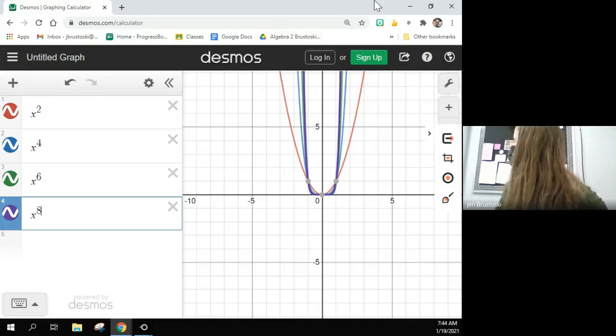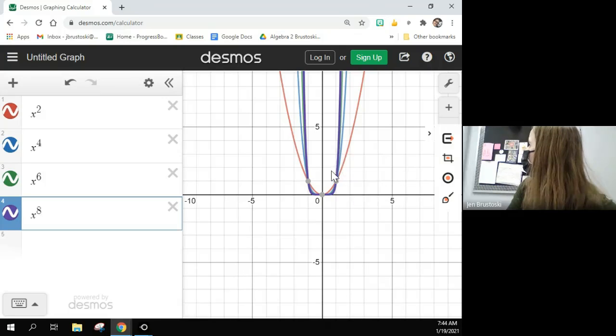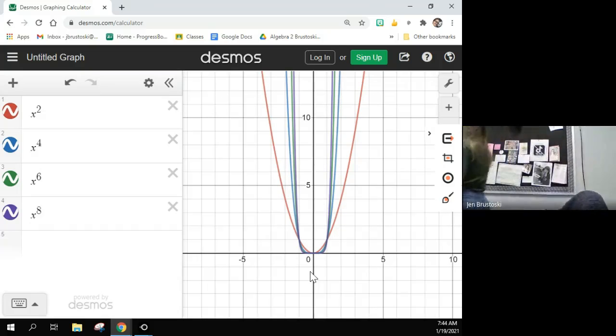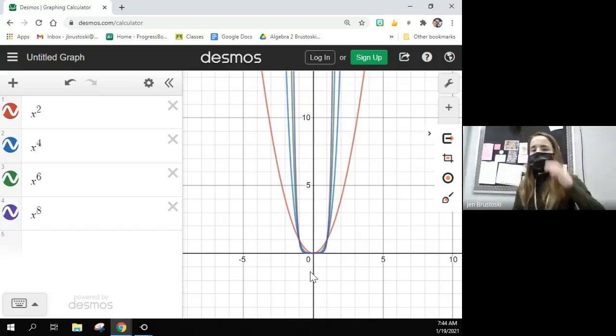Every single one of these graphs, their shape changes a little bit, but from the left they're going to infinity, and to the right they're going to infinity. You see that? That is true for every graph that is positive and even.